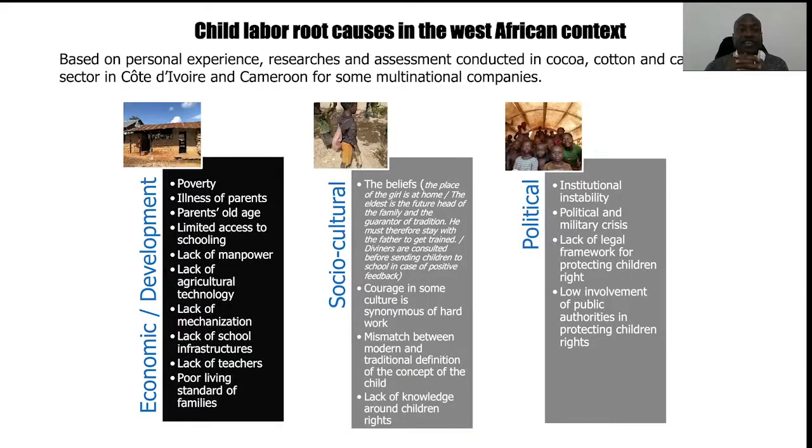As I just said, child labor in West Africa has economic, development, sociocultural, and political root causes. Based on my personal experience, the research and assessments that I was involved in, mainly in the cocoa sector, but also in the cotton and cashew sectors in Cote d'Ivoire, Cameroon, for some multinational companies.